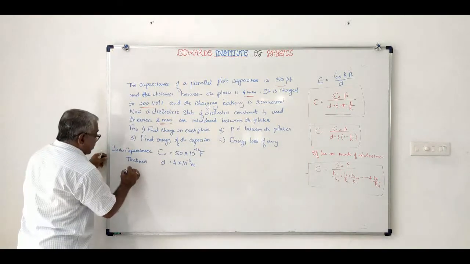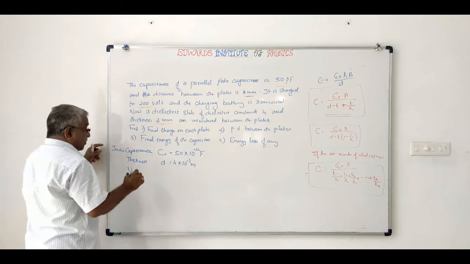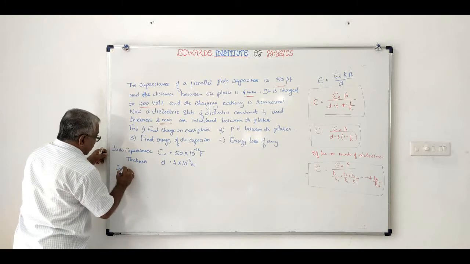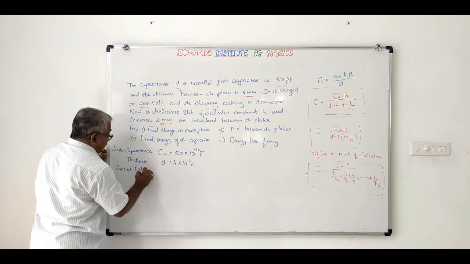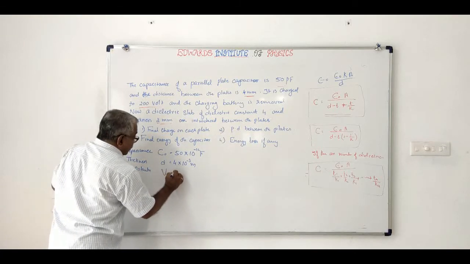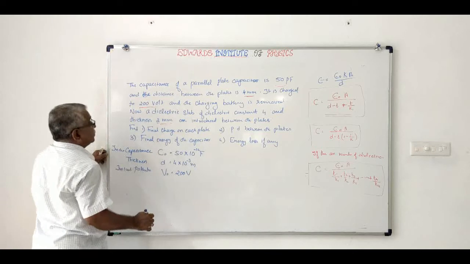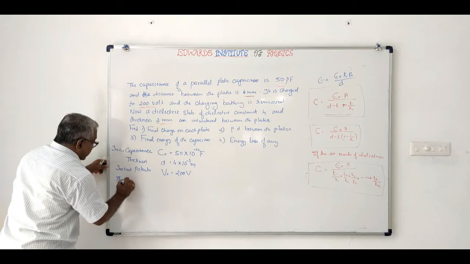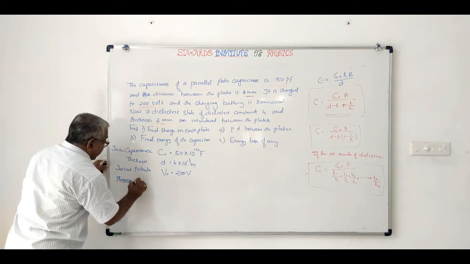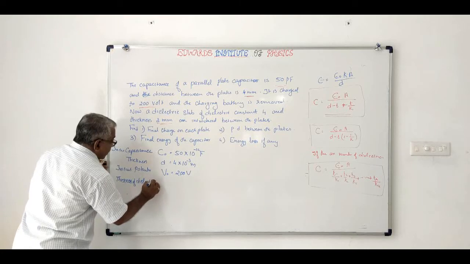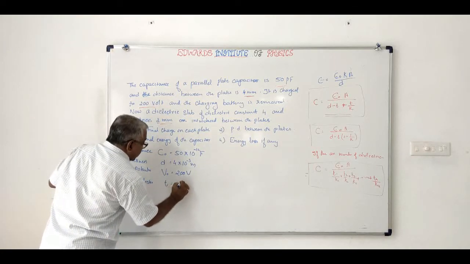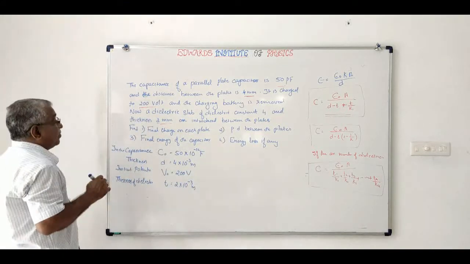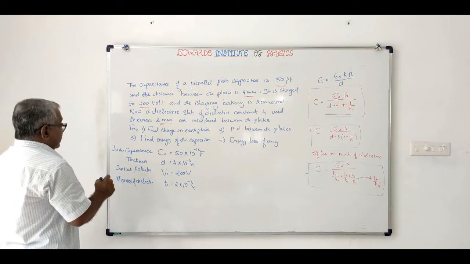The initial potential difference V0 is equal to 200 volt. The thickness of the dielectric T is equal to 2 millimeter, that is 2 into 10 raised to minus 3 meter. This is the data given.